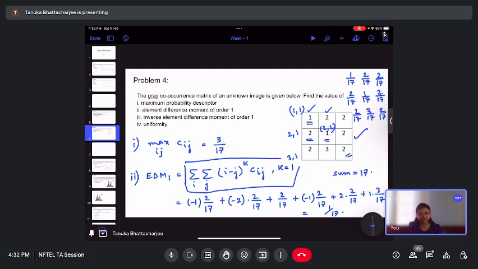So if you simply put the values in this particular formula, you don't need to consider the diagonal elements because i equal to j for them. So those will amount to 0. For the remaining, if you just take i minus j, for example, for the first element this is 1 1, so i minus j is 0. For the second element, it should be 1 2.